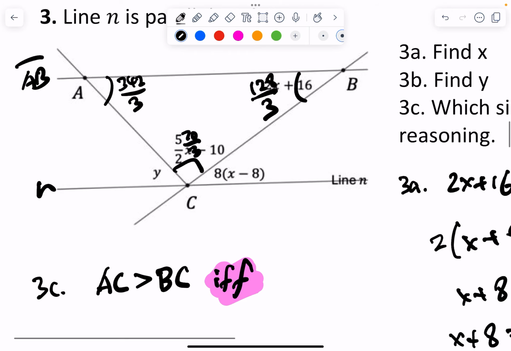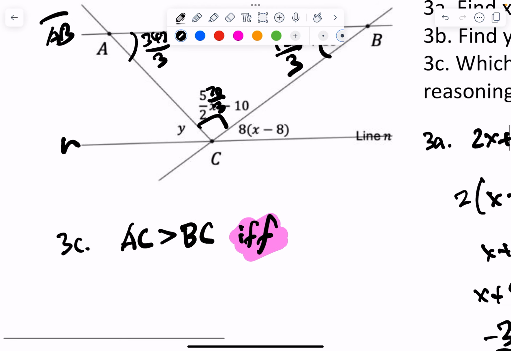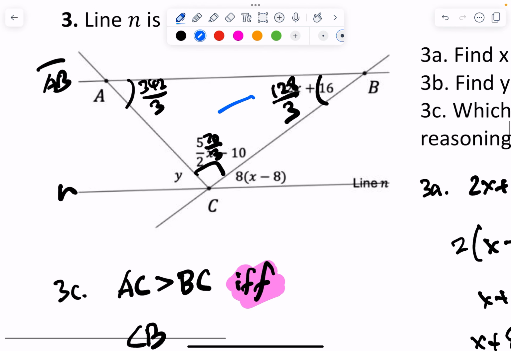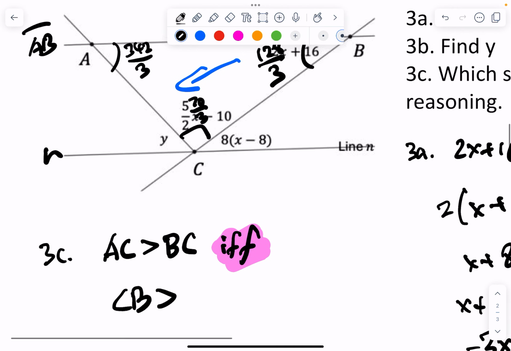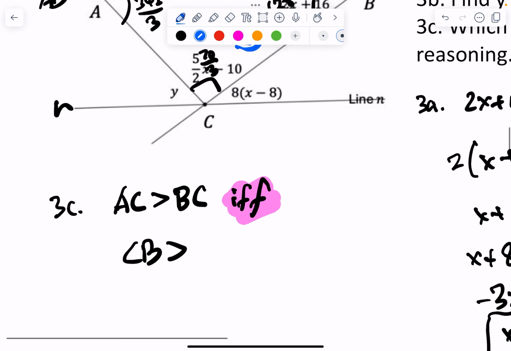So AC is larger than BC if and only if angle B, because B is opposite AC, is greater than angle A, because A is opposite BC.